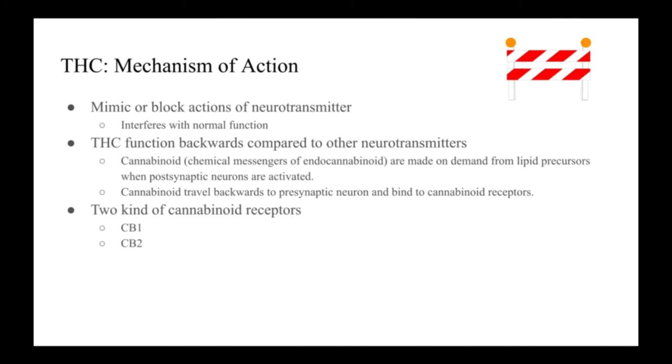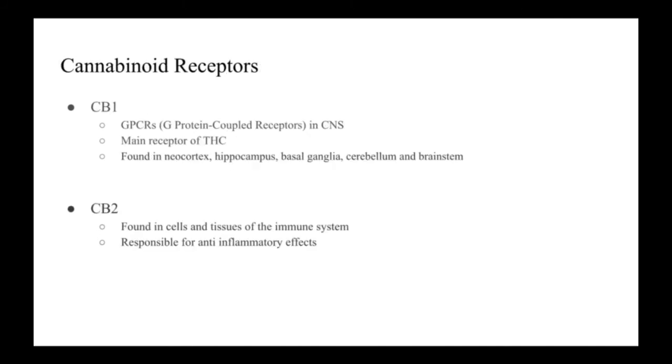However, cannabinoids are made from lipid precursors when the postsynaptic neuron is activated, and once they are released from the lipid precursor, the cannabinoids travel backward to the presynaptic neuron, allowing them to attach to cannabinoid receptors. There are 2 kinds of cannabinoid receptors, CB1 and CB2.